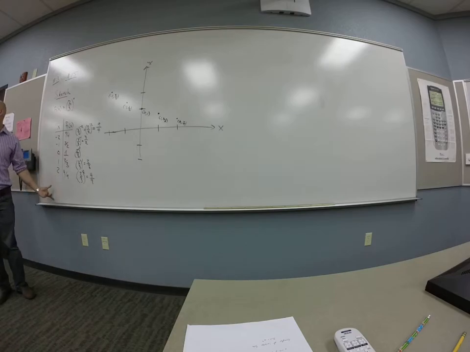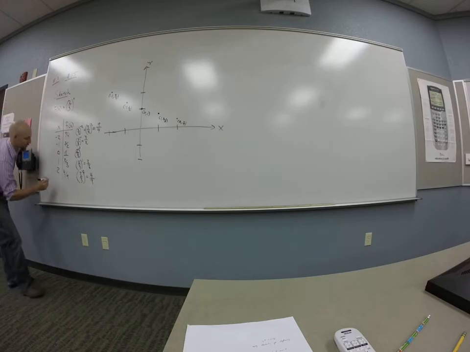Maybe get a couple more points. Yeah, we could use a calculator, that'd help. So let's plug in 3 and -3, right? Just to get one more set of points on this. So if I plug in 3, what do I get out?